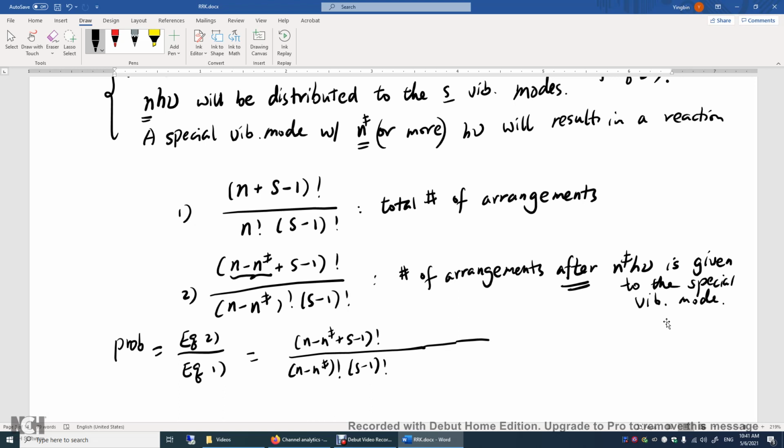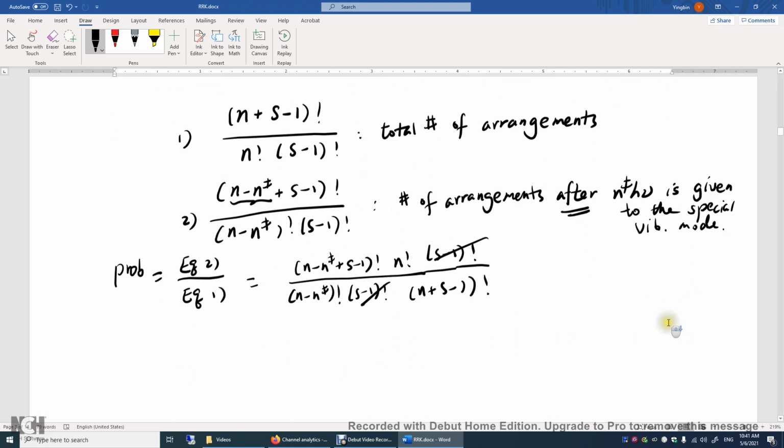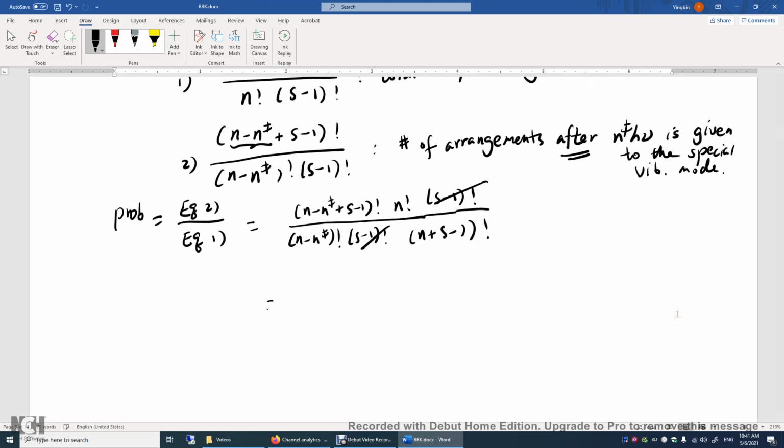So we're going to flip this N factorial and S minus 1 factorial to the top of this fraction, N plus S minus 1 factorial on the bottom. And then we cancel this S minus 1 factorial. And then we reorganize this equation just a little bit, so that we can simplify this equation more easily.